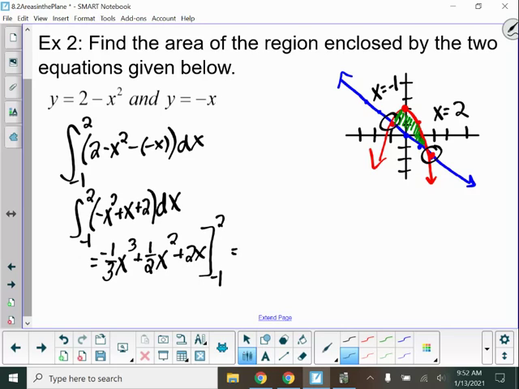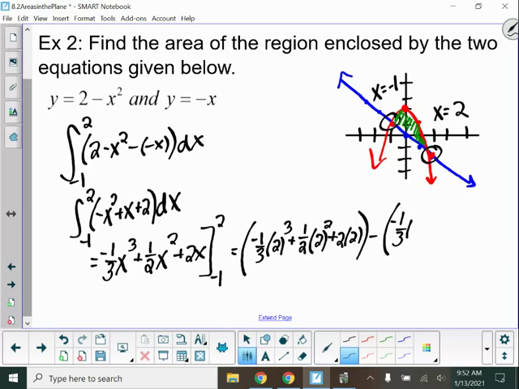So I have to go through, plug in my 2, and then plug in my -1, and simplify. So we have -1/3 times 2 cubed plus 1/2 times 2 squared plus 2 times 2, minus -1/3 times -1 to the third plus 1/2 times -1 squared plus 2 times -1.